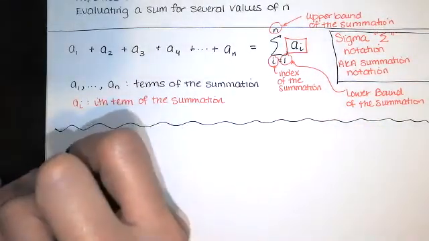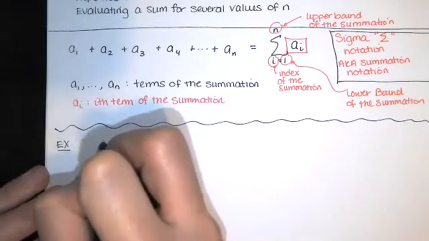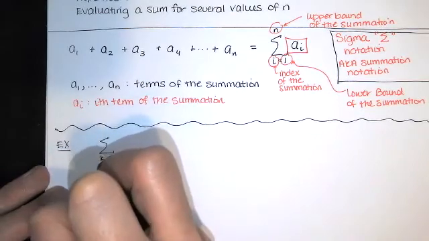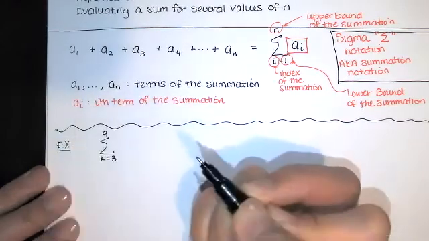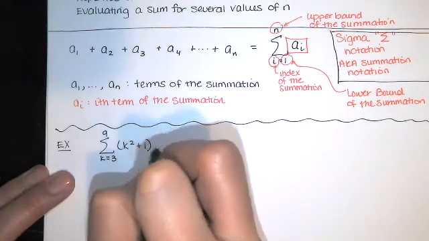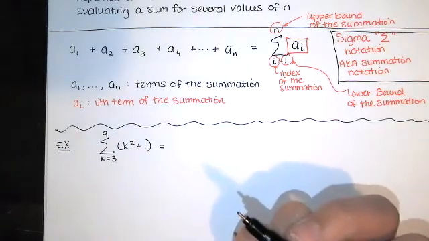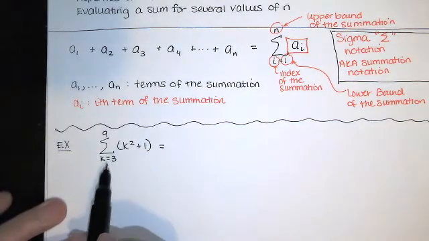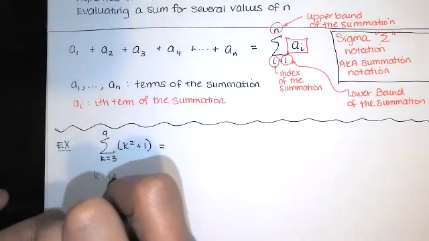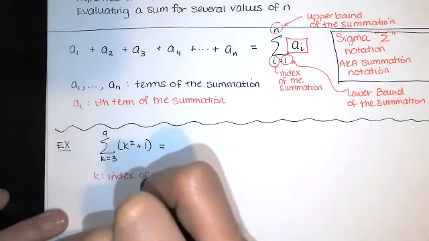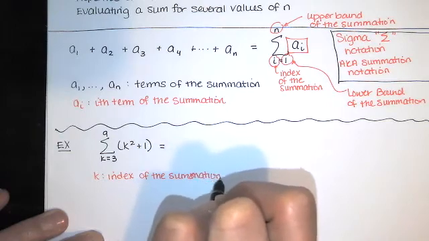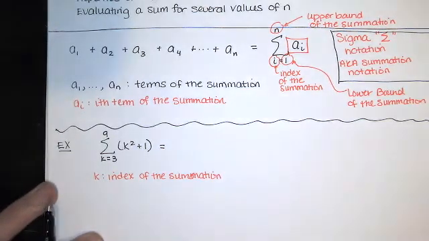So here's an example. I have the sum as k goes from 3 to 9 of k squared plus 1. That can be expanded in this way. Well, this index of the summation is k. Let's identify the lower bound and the upper bound.